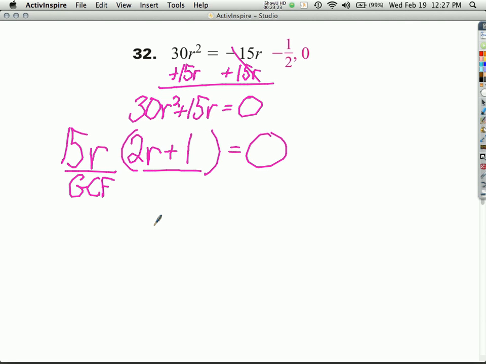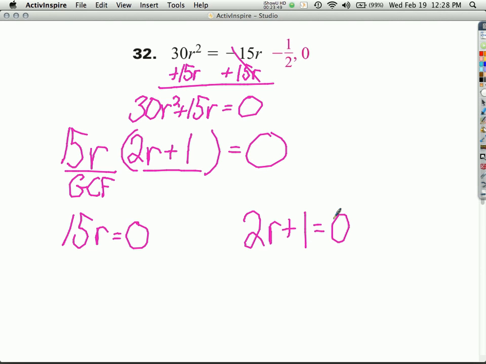Give me a thumbs up if you had that step. Good. So now set each one equal to 0. 15r equals 0, and 2r plus 1 equals 0.